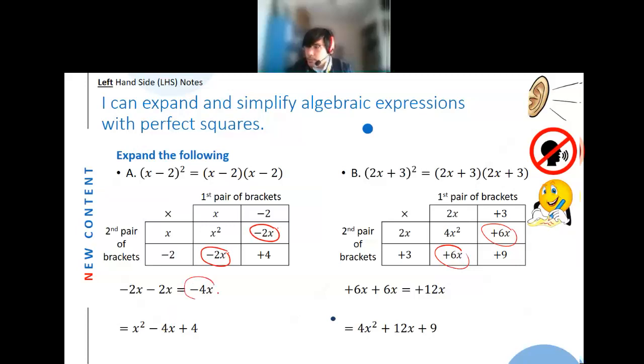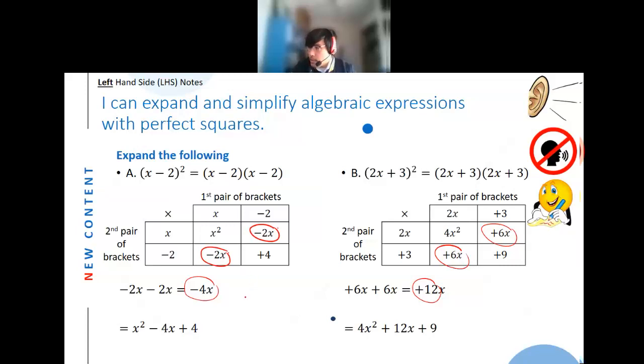You just have to double, because negative 4 is double of negative 2, and then plus 12 is double of plus 6, right? So hopefully you can use that in your work. I just want to point it out for you guys.